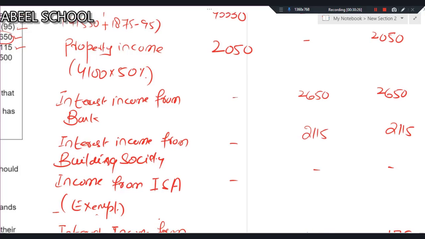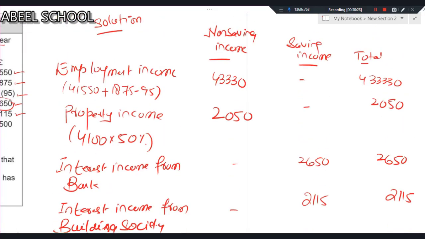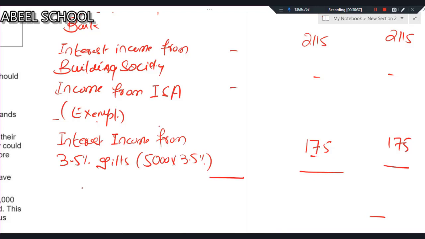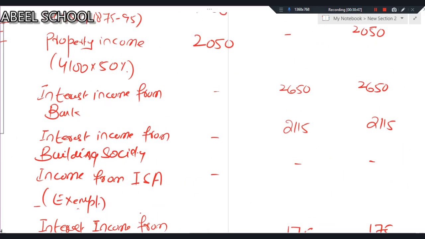Let us do the total to get total income. 43,330 plus 2050. Dear student, I'm getting the total income 45,380.